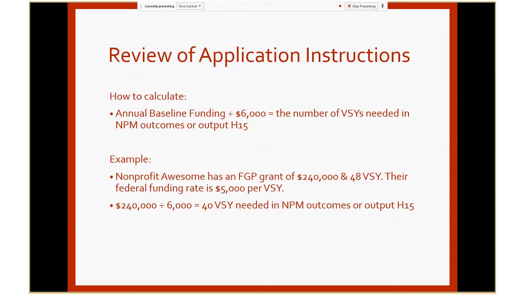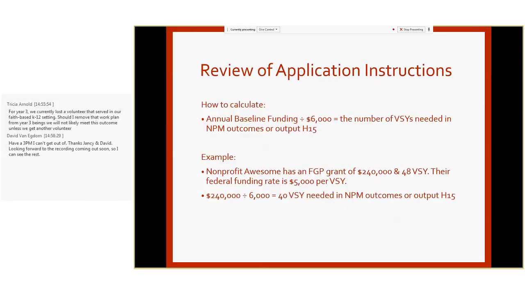So looking at an example, if you worked at Nonprofit Awesome, you'd be running a great FGP project. Let's say their program has $240,000 in federal funding, and they support 48 VSYs. So they have a federal funding rate of $5,000 per VSY.